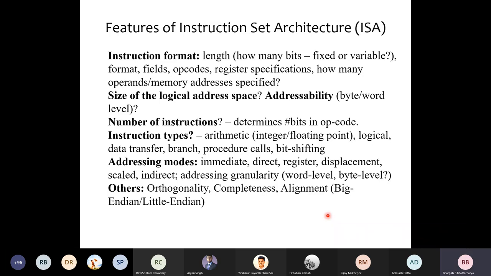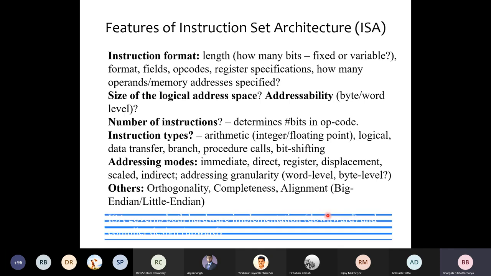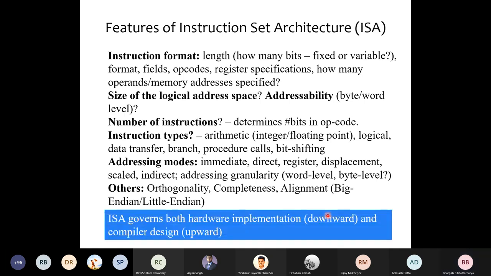There are alignment issues also, like big endian, little endian, which would be discussed later on. Now, on top of it, this instruction set architecture governs both hardware implementation in the downward direction and the compiler design in the upward direction.